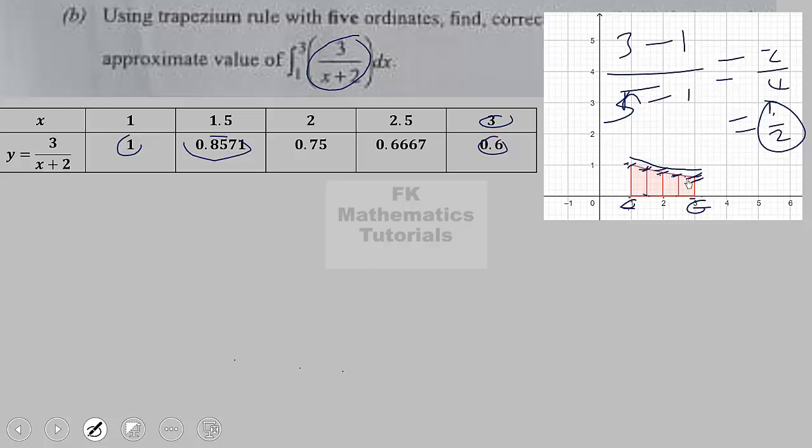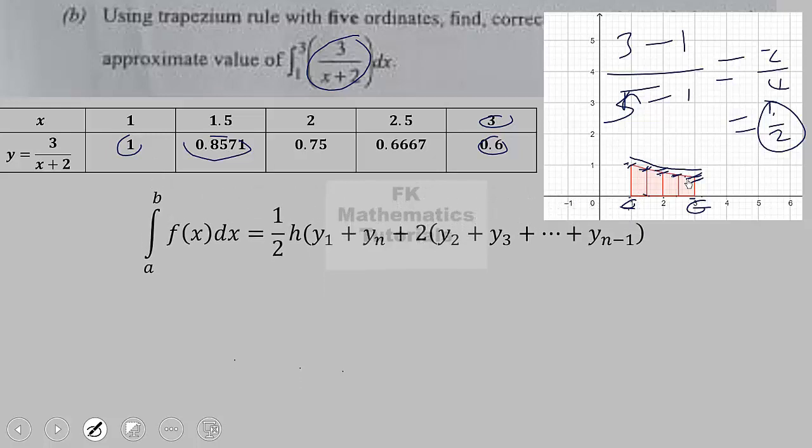Now we use the trapezium rule, which says that the area under the curve f of x is given by the integral from lower limit a to upper limit b of f of x dx, equal to half of the width of the trapezium into brackets. You add the first ordinate, which is this one, to the last ordinate, which is this one.